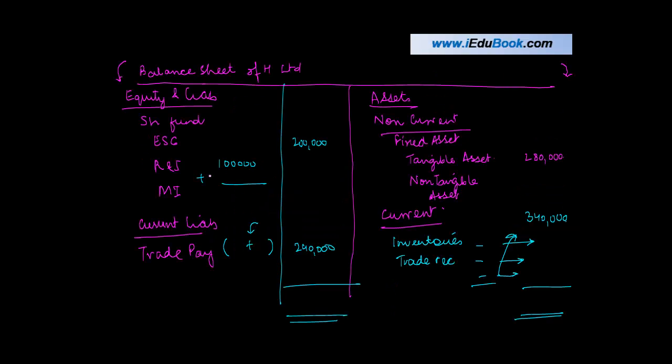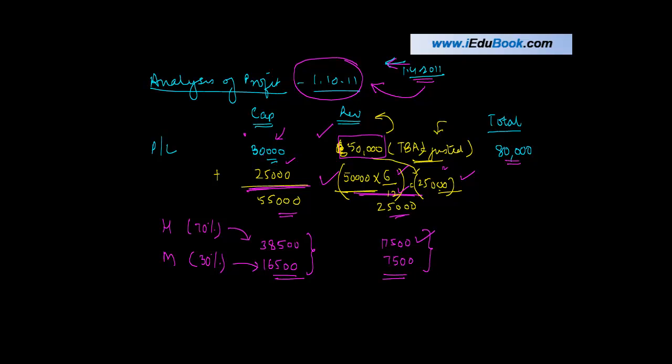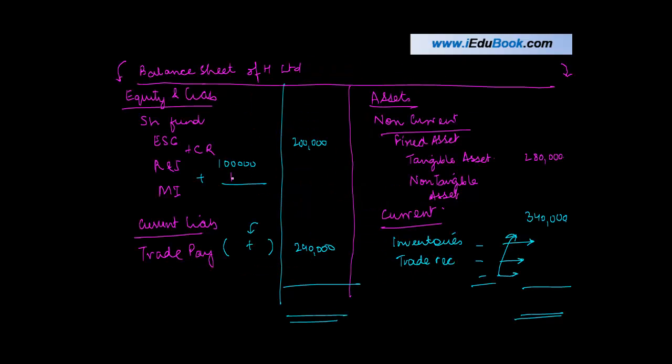So I have reserves and surplus plus capital reserve. How much is the balance? 17,500 of revenue profits. So revenue profit 17,500, capital reserve 8,500. Add all these three, what do I get? 1,26,000.